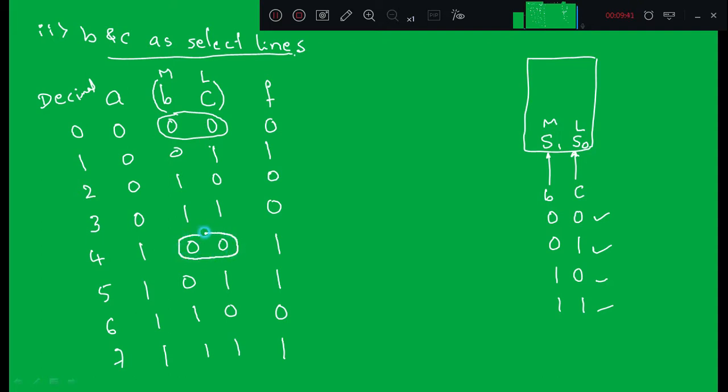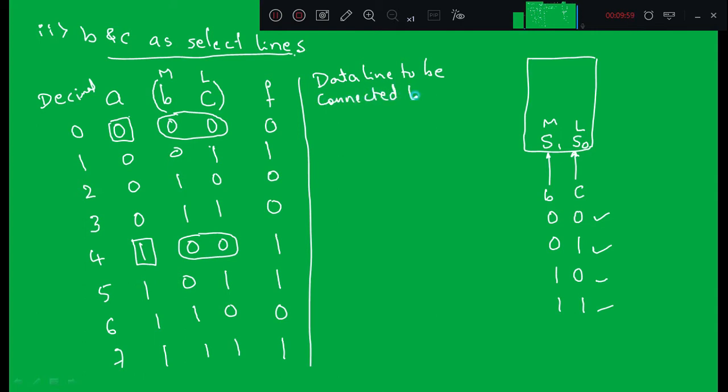So 0 0. What is the value of A here? It is 0. And what is the value of A here? It is 1. So now what will this column be connected to? I have to compare F with A. F is 0, A is 0; F is 1, A is 1.